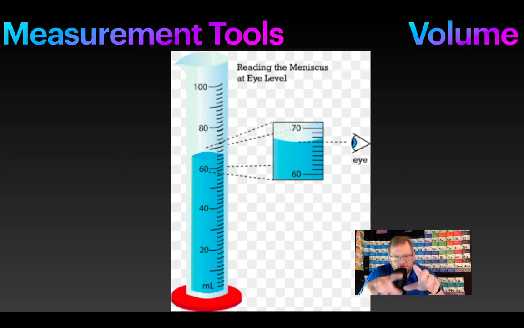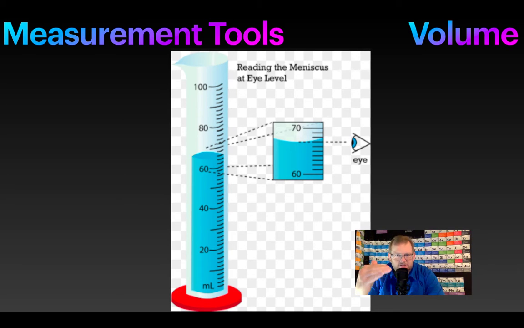If you look closely at a graduated cylinder, it's got a little dip in it. That dip is called a meniscus. When you read the graduated cylinder, you read from the meniscus. So if you look here, this one is between 60 and 70, which means each of those lines between are going to be ones.